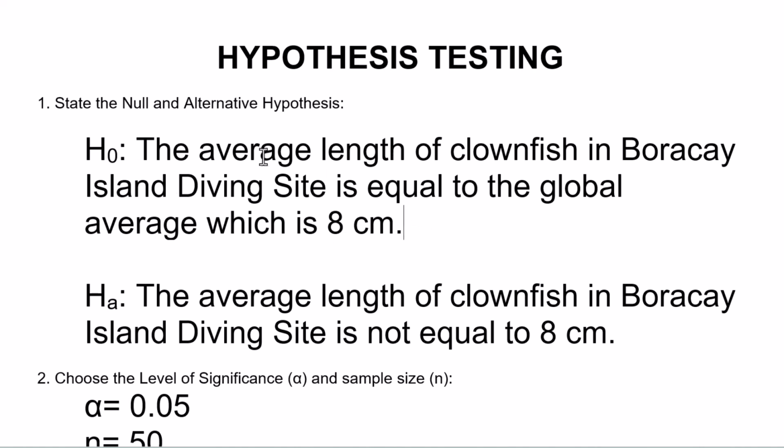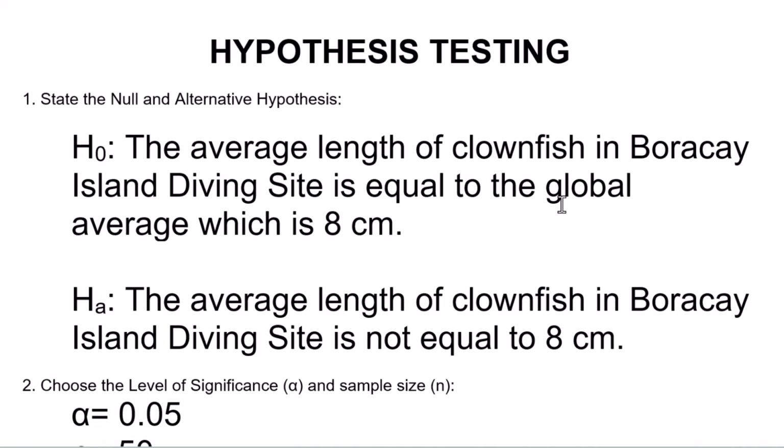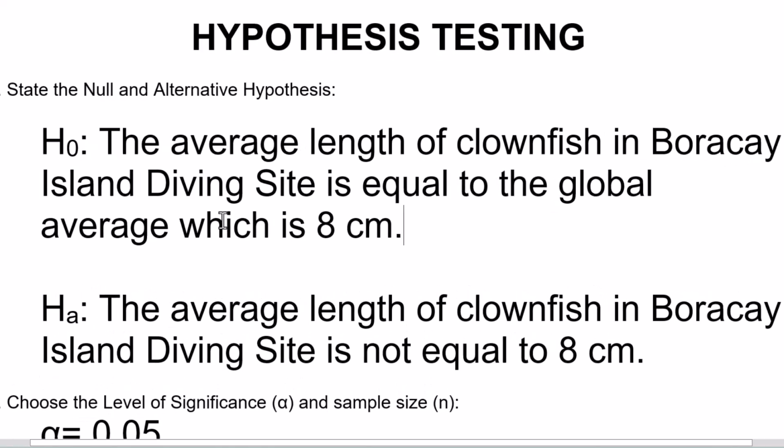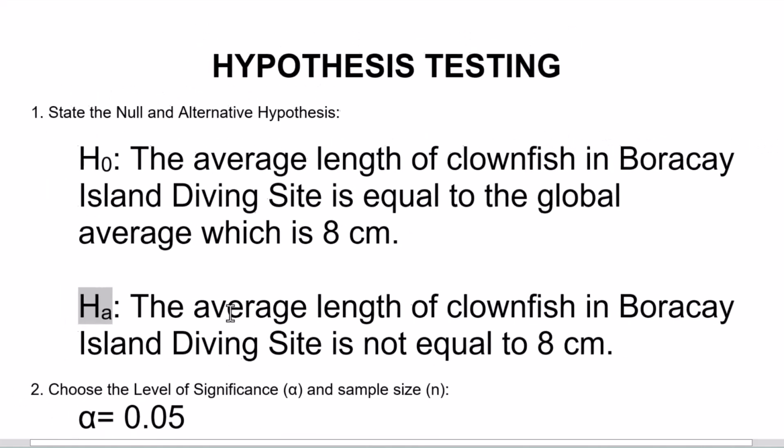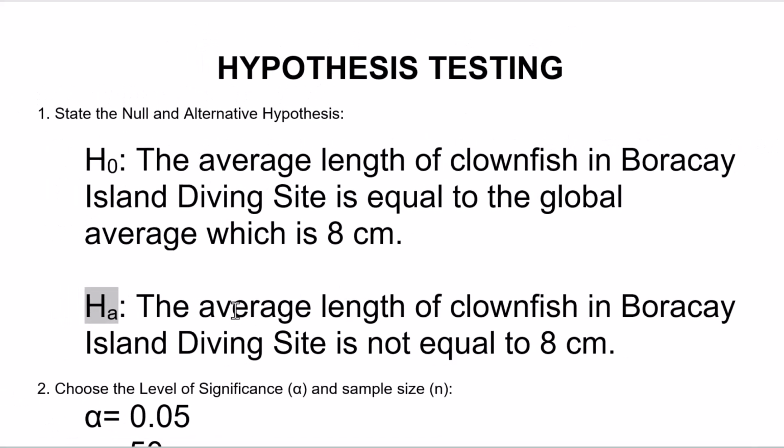Yung HO natin, the average length of clownfish in Boracay Island diving site is equal to the global average, which is 8 cm. And for our alternative hypothesis, of course, the exact counter to that or the opposite of that statement. So the average length of clownfish in Boracay Island diving site is not equal to 8 cm.